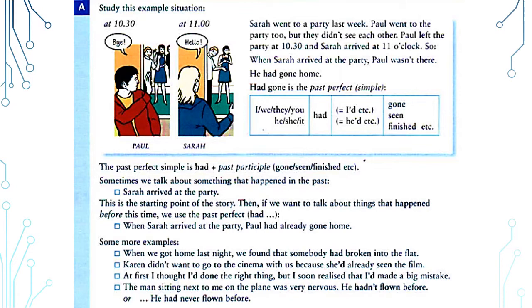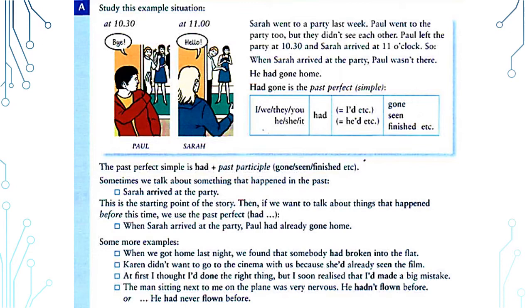When Sarah arrived at the party, Paul had already gone home. So Paul had gone home before Sarah arrived. Both actions took place in the past, but one before the other.